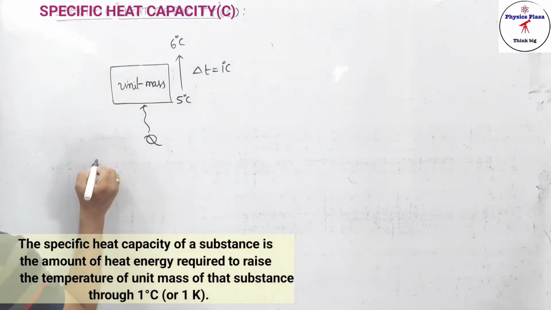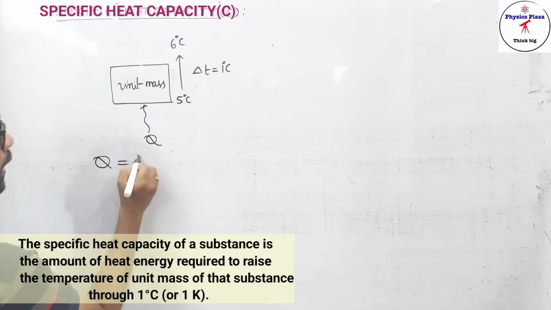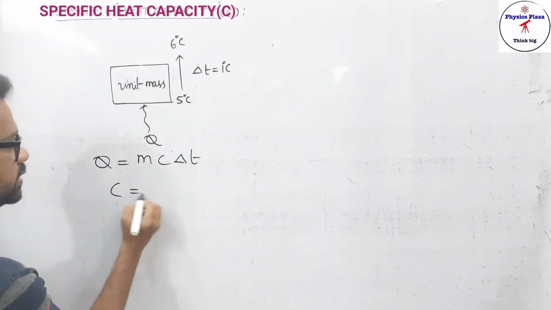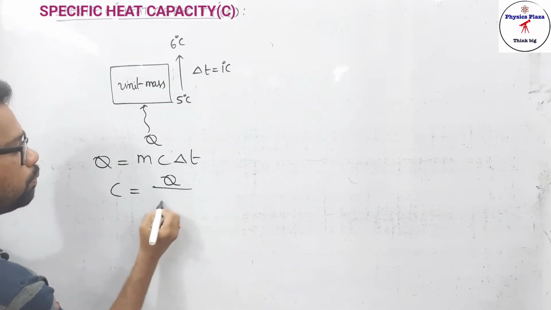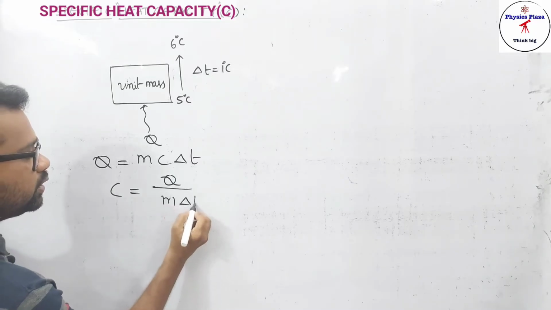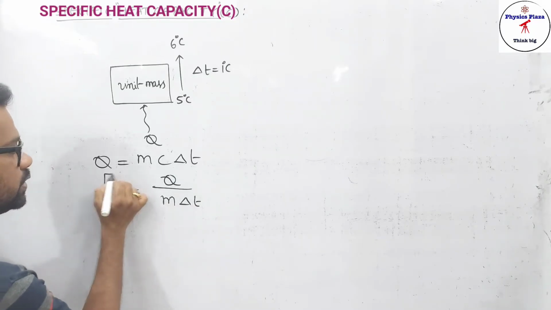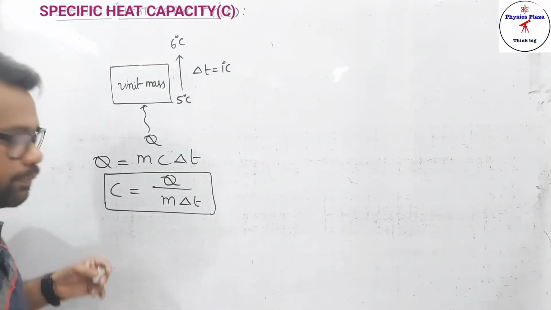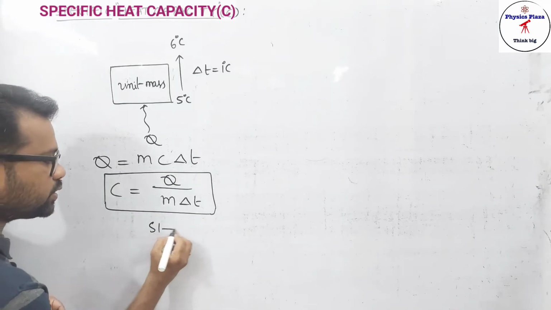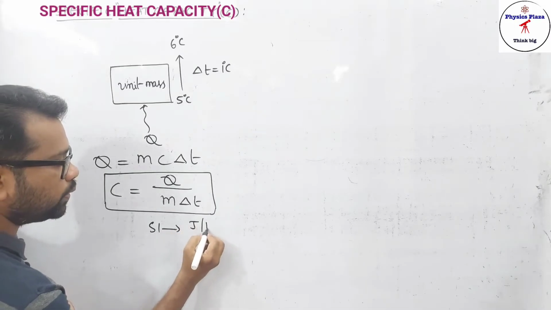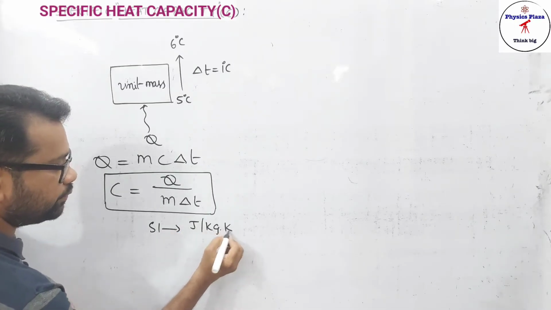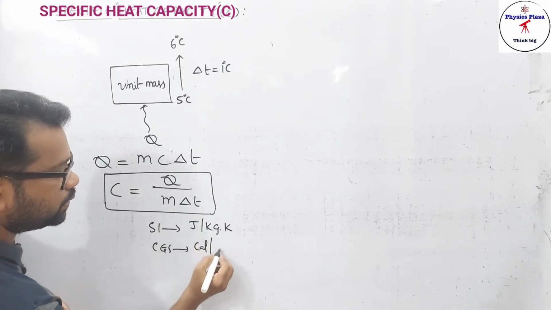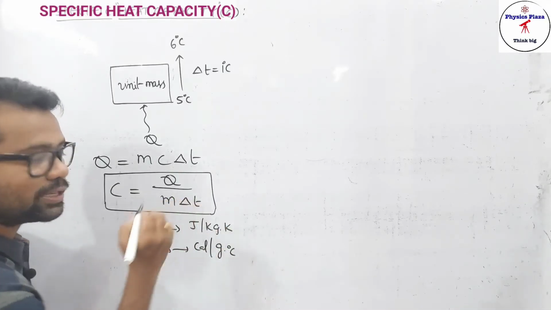Children, as we already know Q is equal to m c delta T. From here, we can write c is equal to Q by m delta T. Children, this is the formula which we have to use to calculate the specific heat capacity. And here the SI units are joule per kg Kelvin, or CGS units are calorie per gram degree Celsius.